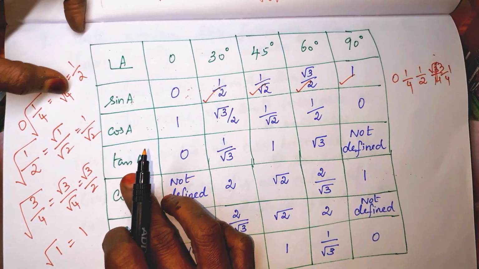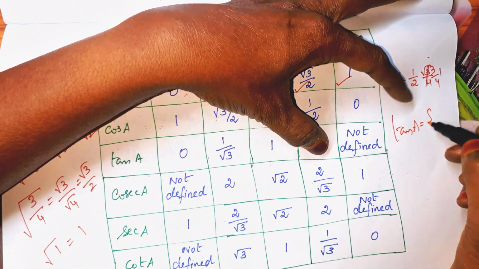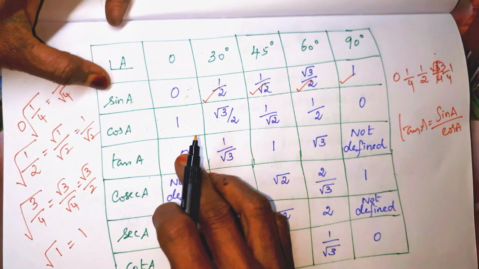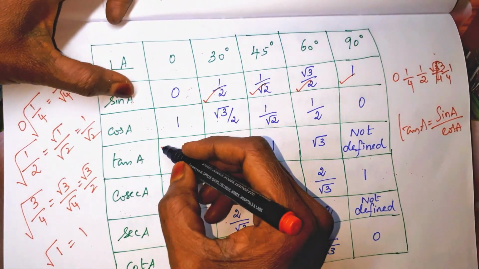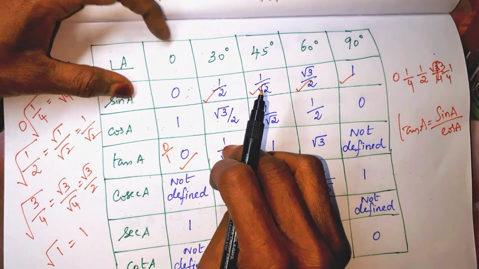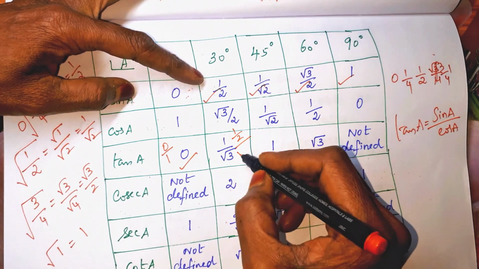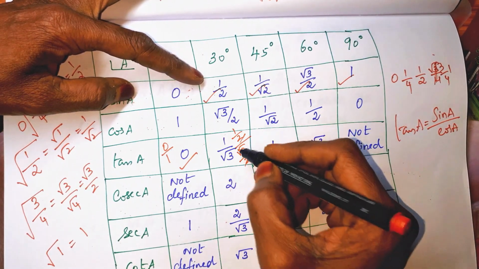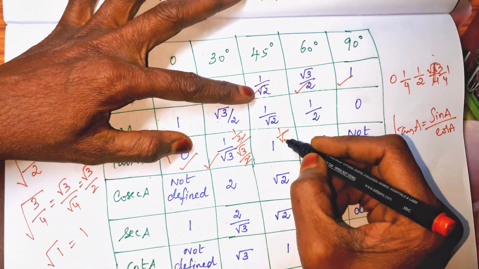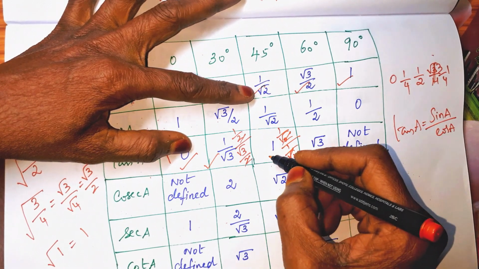Tan A. What is the tan A formula? Tan A is equal to sin A by cos A. For the first value, sine is 0 and cos is 1, so 0 by 1 is 0. For the next, sin A by cos A is 1 by 2 by root 3 by 2; the 2 gets cancelled, so 1 by root 3. For this, 1 by root 2 by 1 by root 2; root 2 gets cancelled, so 1.